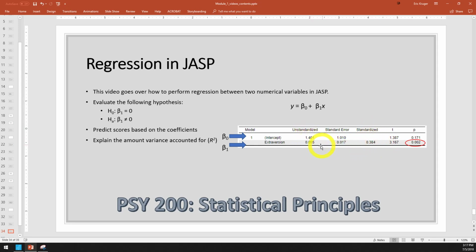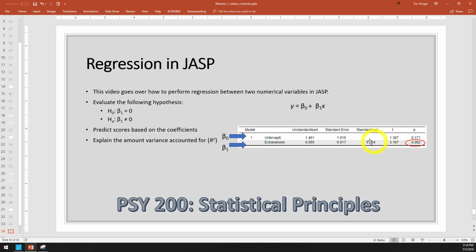This is the unstandardized. So what this corresponds to right here is, a 1 unit change in x corresponds to a 1 unit change in y. Standardized is sort of like looking at a 1 standardized unit change in x corresponds to a 1 standardized unit change in y. This is also the same as the correlation, or the R value, for a correlation matrix you're going to get. That's just a little extra tidbit.